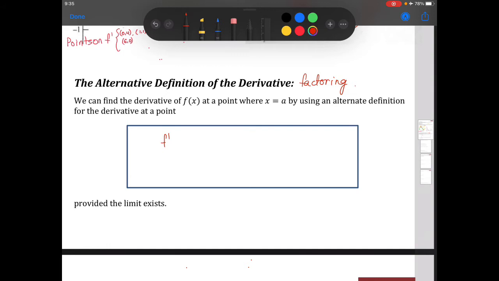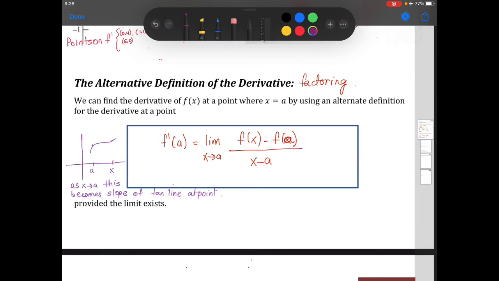So basically, the definition is f prime of a is the limit as x approaches a of f of x minus f of a over x minus a. I just sketched the graph here. As x approaches a, do you agree it's going to get smaller and smaller?